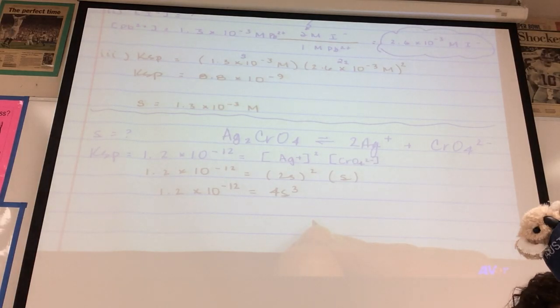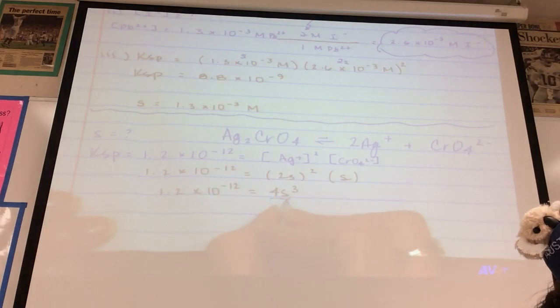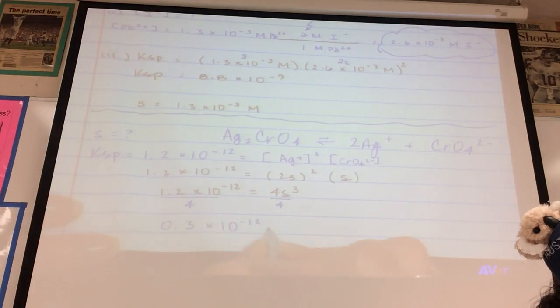Well, I'm just thinking, this is one of those that you could do without a calculator. If you divided both sides by 4, you're going to cringe. It's going to be 0.3 times 10 to the negative 12 is equal to S to the 3rd, right?